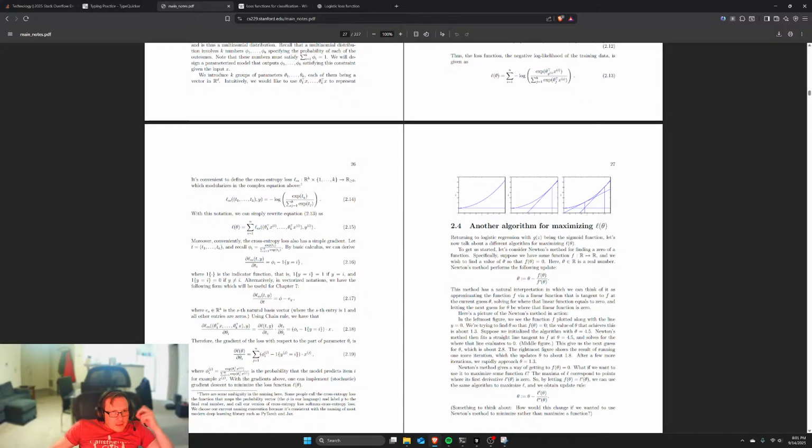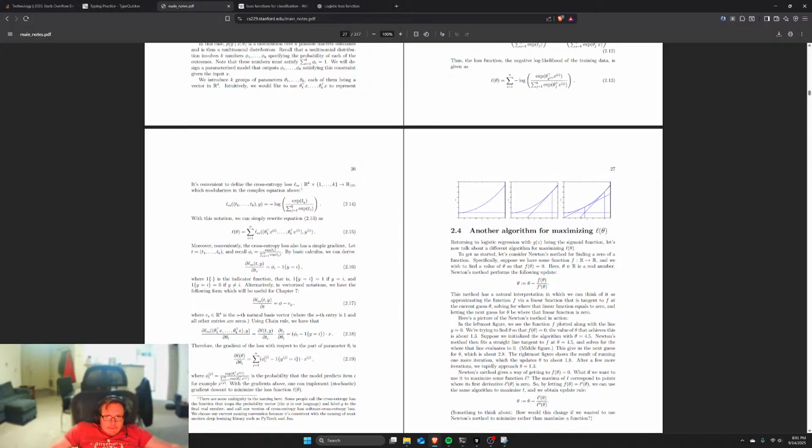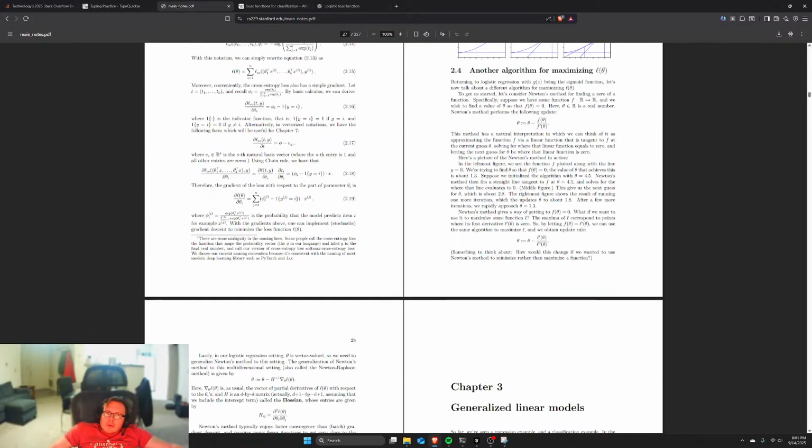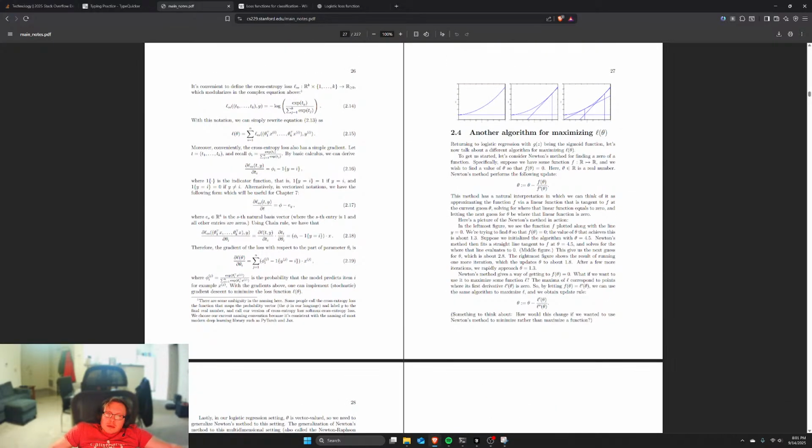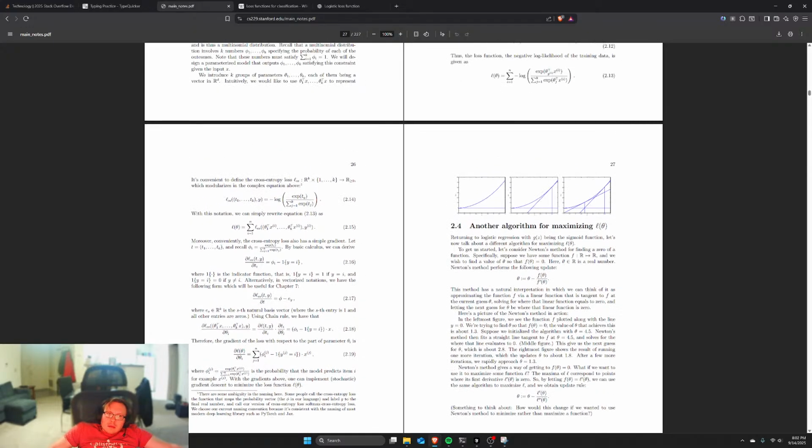Get it again. So the chain rule thingy is, oh, that's why. Well, kind of.